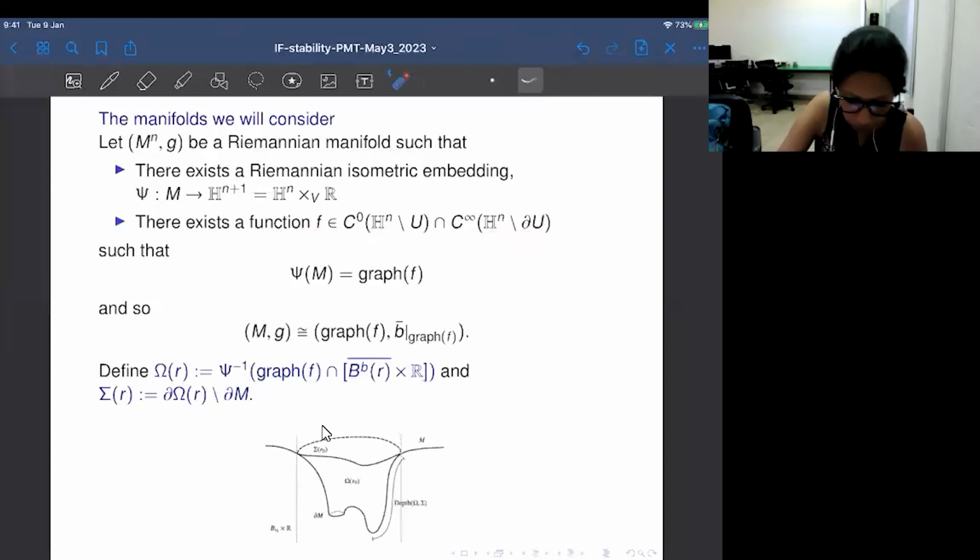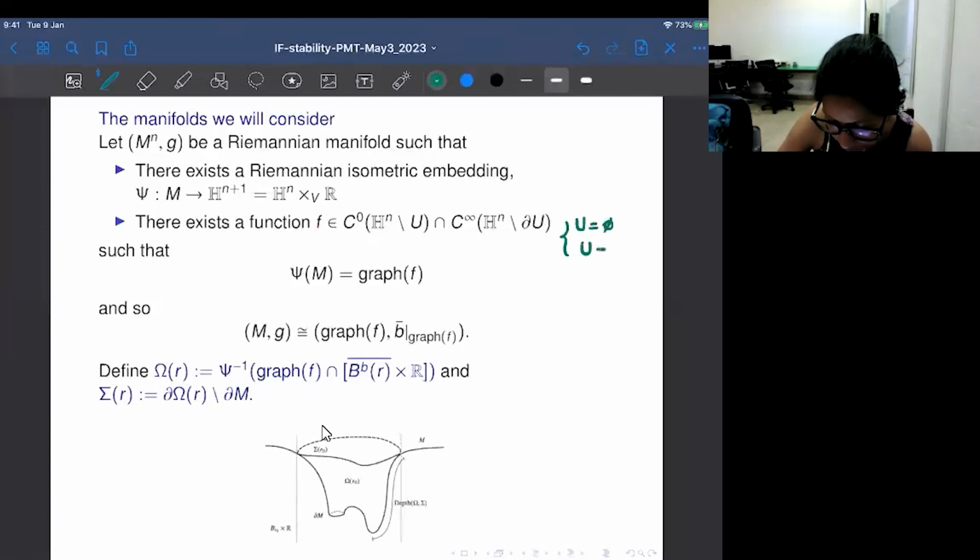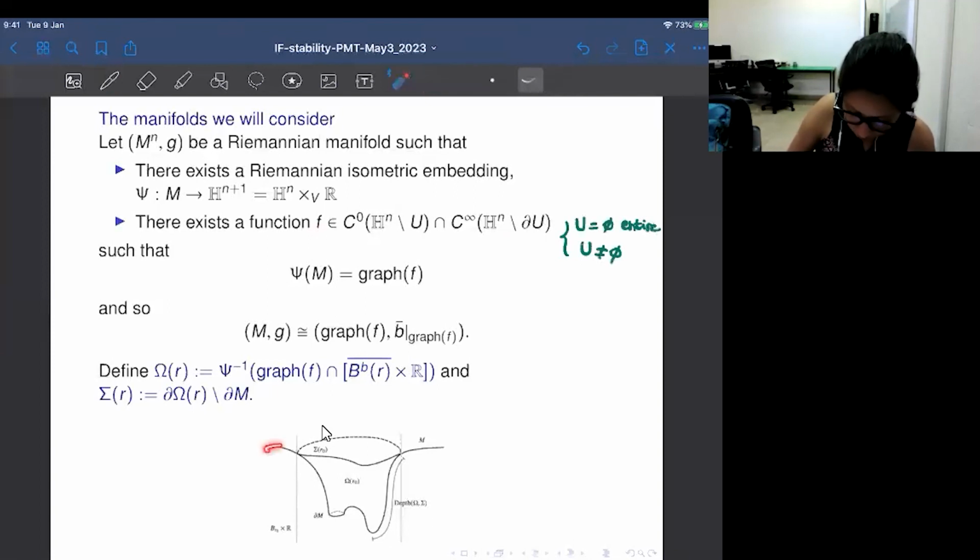And here U can be empty, or it can be non-empty. Okay, so when it's empty, we say that our graph is entire. And so our manifold is going to look like this manifold because it's a graph, and here, this part corresponds to U. Here the function is not defined.